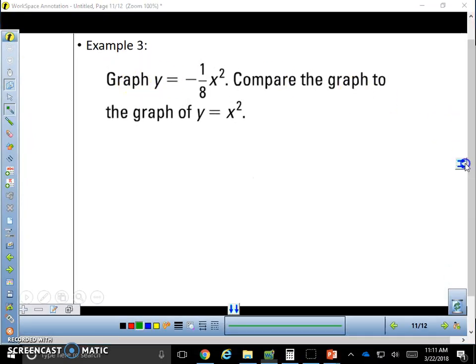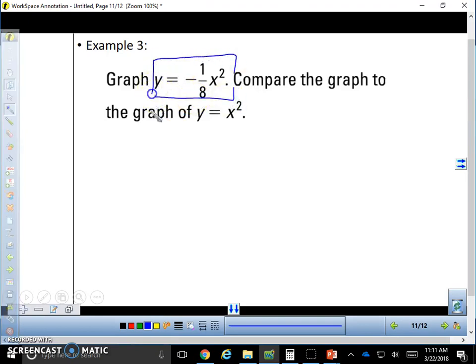Let's make our tables. So let's make our table for our first one. The symmetry is going to be about 0 because it doesn't say plus anything, okay? So we're going to go to -1 and -2.